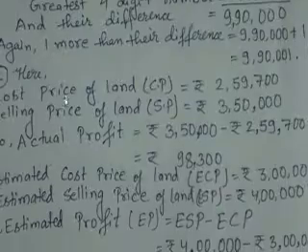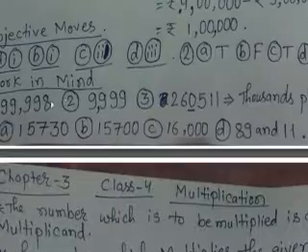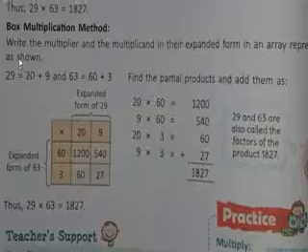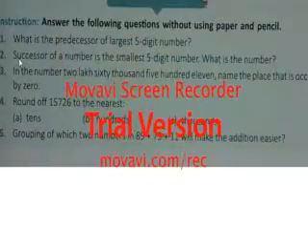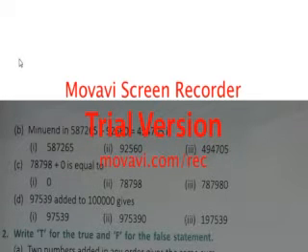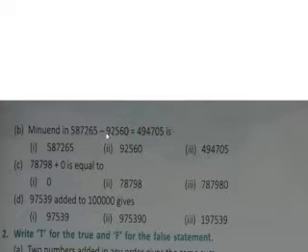So I hope you all had understood why A1 will be the answer, because augment is the first number to which other numbers are added. If you see the second objective question, question number 2, here it is, B, minuend. Minuend is the number from which any other number is subtracted.